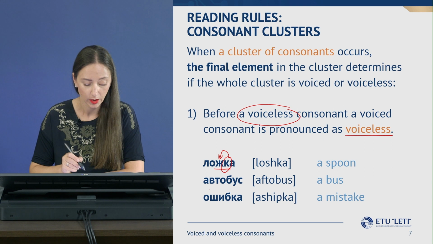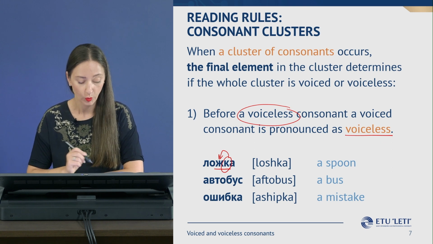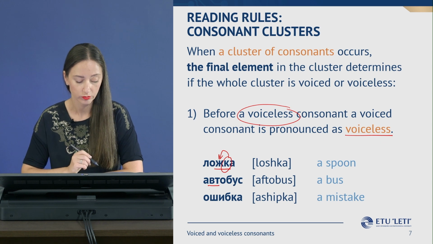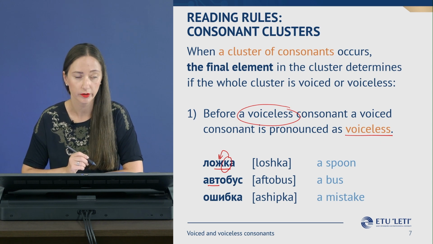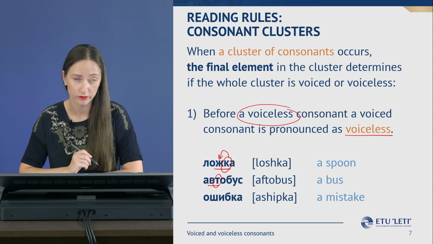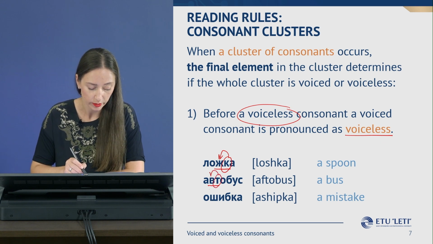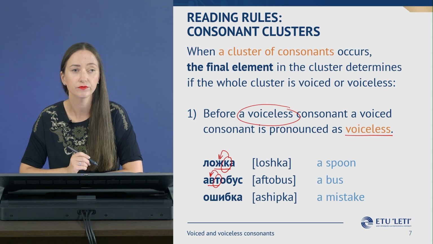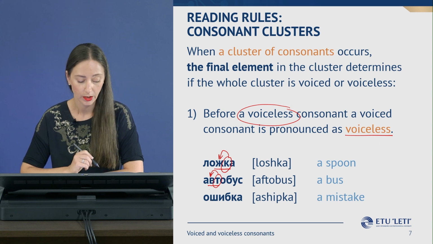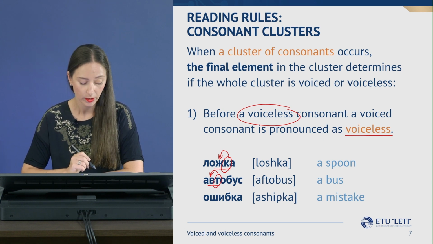Another example, автобус. Where is the cluster? Oh, right here. Автобус, v and t coming together, a group of 2. Your final consonant is voiceless and it will affect v. Автобус rather than автобус, right? And one more example with k.